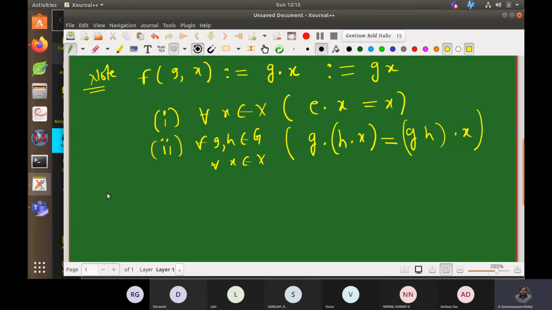Sometimes the group acting on X helps us understand X, and sometimes by varying X we can understand G also. Both are useful. For example, we will take different actions, and with that action I'll partition the set X, so that all elements in a partition satisfy some nice property.